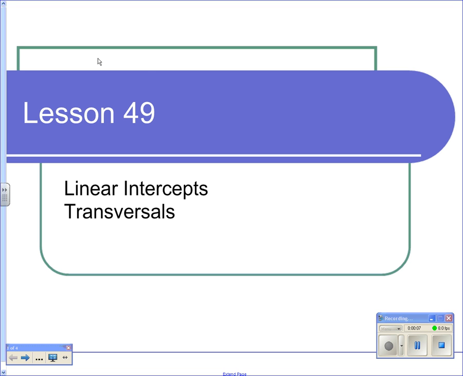All right, today we're looking at lesson 49. We're looking at linear intercepts and then transversals.